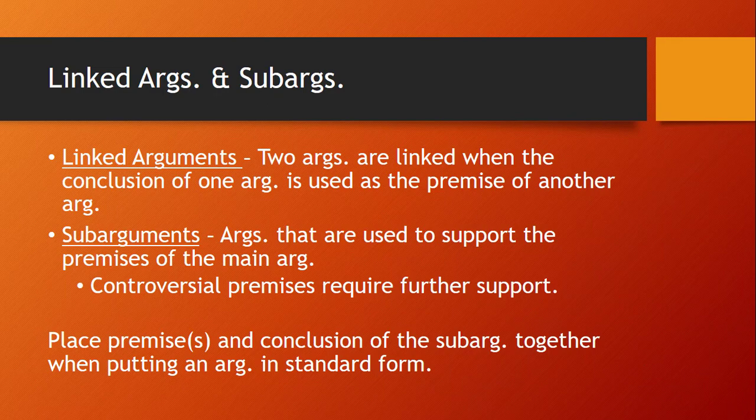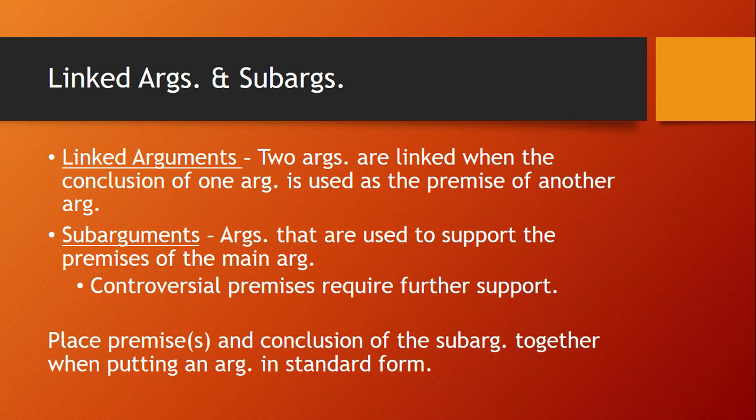Right? So let's move on to some concepts here. Linked arguments and sub-arguments. What are linked arguments? Well, two arguments are linked when the conclusion of one argument is used as the premise of another argument. So a notion that's very much tied to linked arguments is sub-arguments.